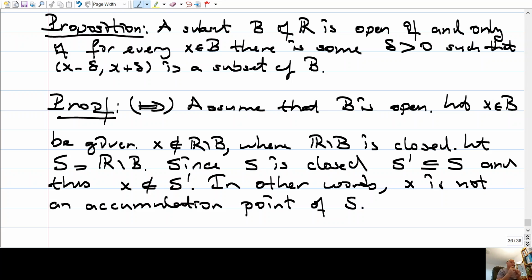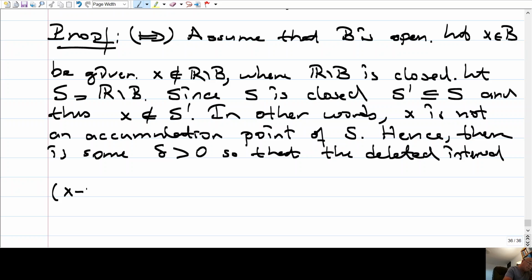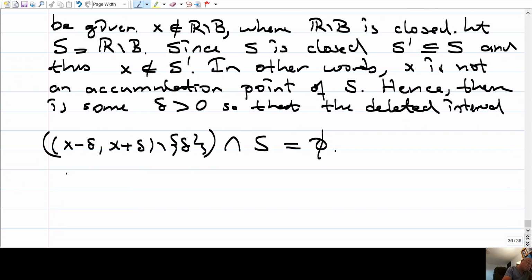This means what? There is an interval about x, so that in the deleted interval there is no element from S. Hence, there is some delta positive, so that the deleted interval, this interval (x minus delta, x plus delta) minus {x}, has empty intersection with S. This means the following.